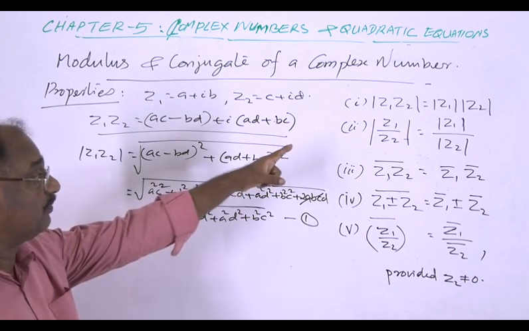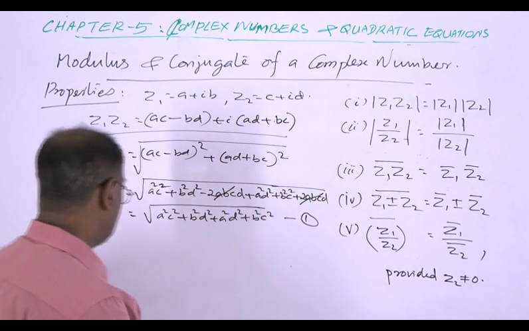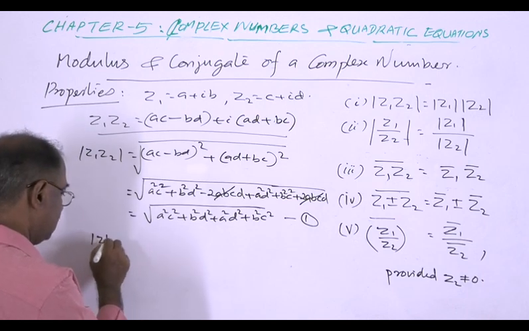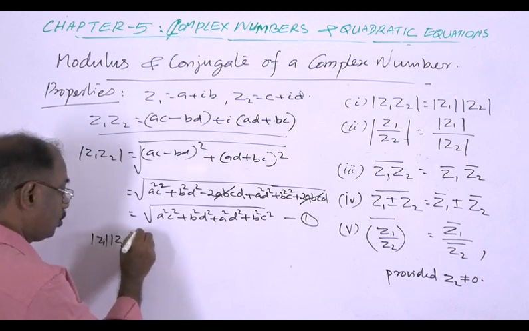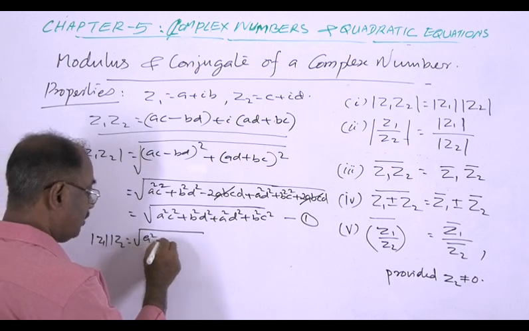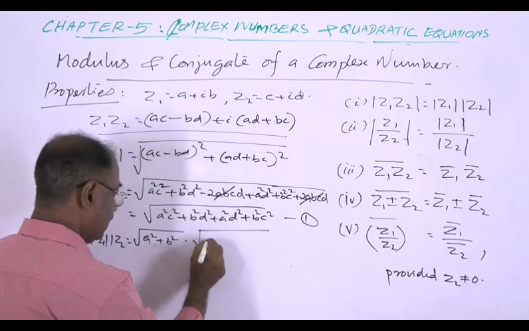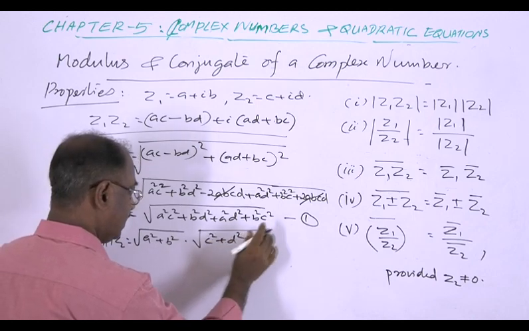And then find the product modulus of Z1 into modulus of Z2. So modulus of Z1 into modulus of Z2 is equal to square root of A squared plus B squared into square root of C squared plus D squared.